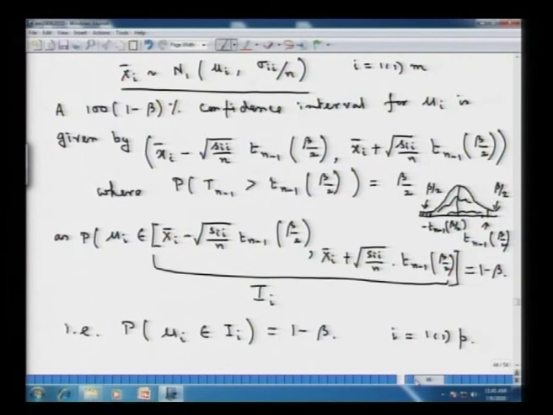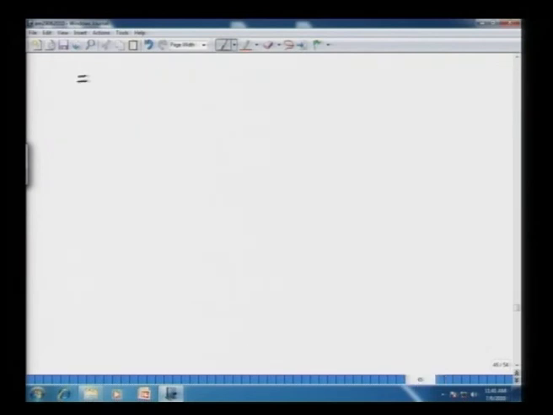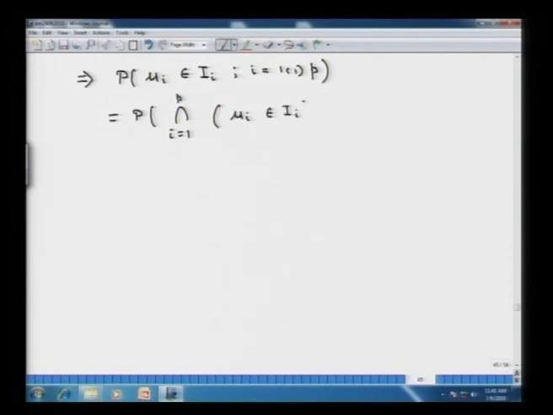Because we have the sigma matrix to be diagonal, the independence would imply that the probability that mu i belongs to I i simultaneously for i equal to 1 up to p is given by the probability of the intersection over i equal to 1 to p of these events. What are these events? The events are mu i belonging to this I i.